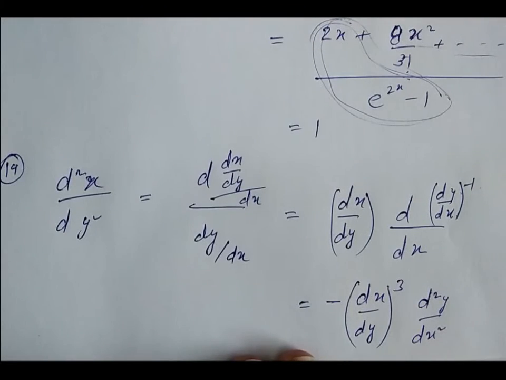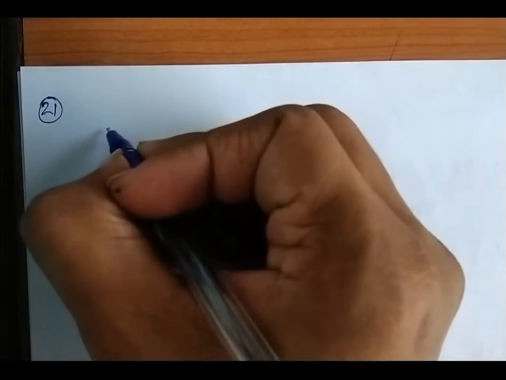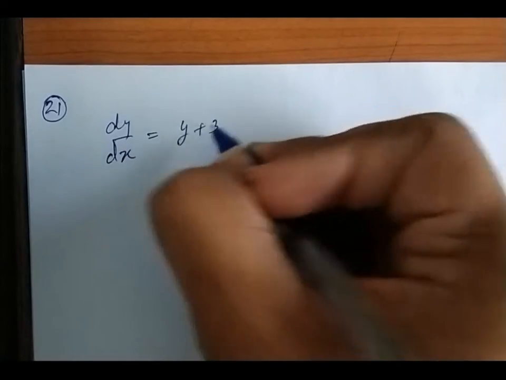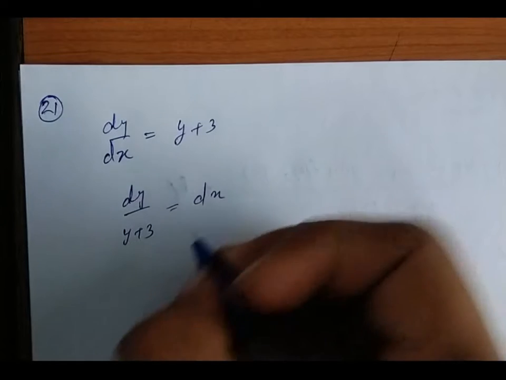Moving to next question, question number 21. So question number 21 is dy by dx is equal to y plus 3. So dy upon y plus 3 will be equal to dx.